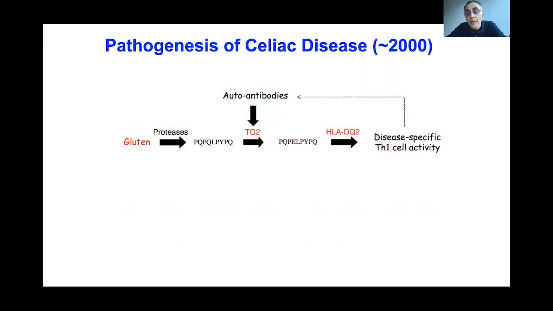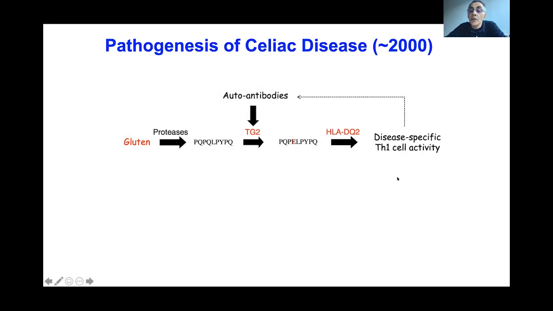Around the time when we started working on this problem about 20 years ago, this slide summarizes what was known about the pathogenesis of celiac disease. It was well known that gluten proteins in our diet were the primary trigger of celiac disease.